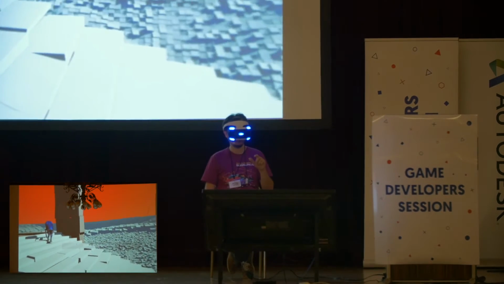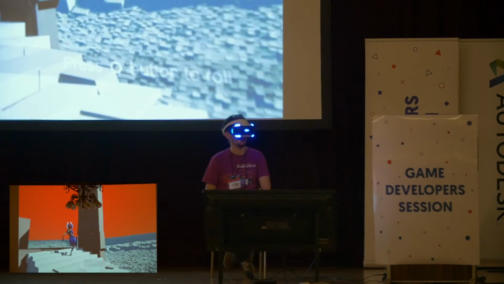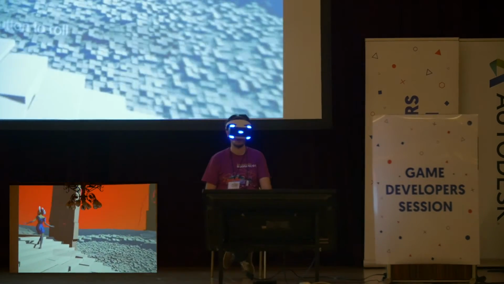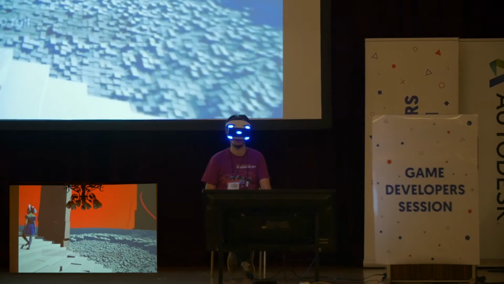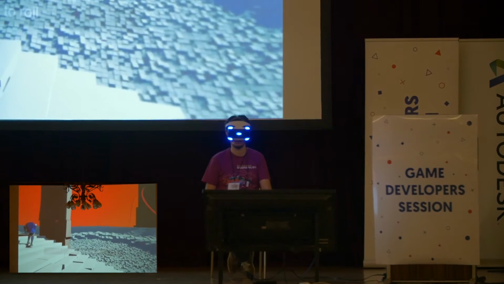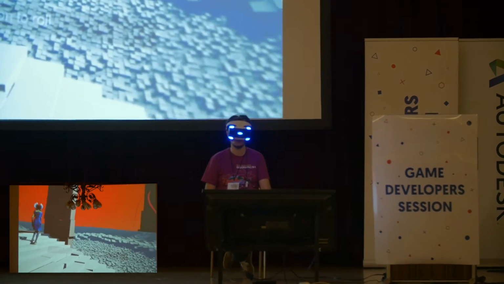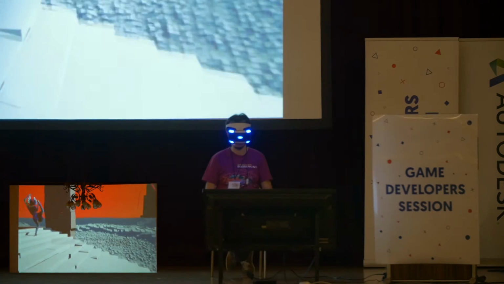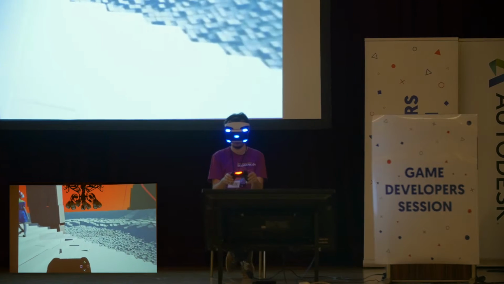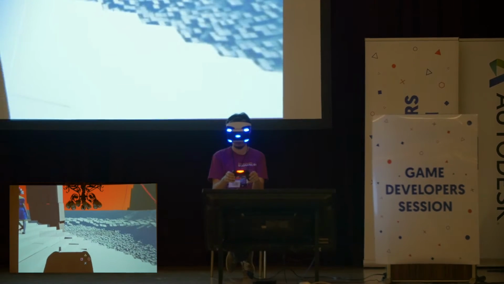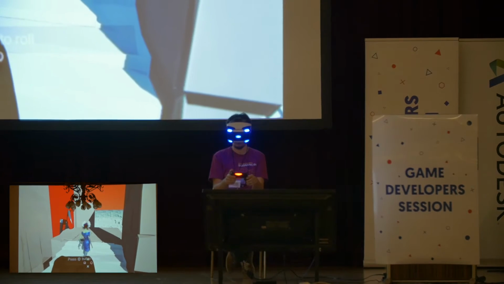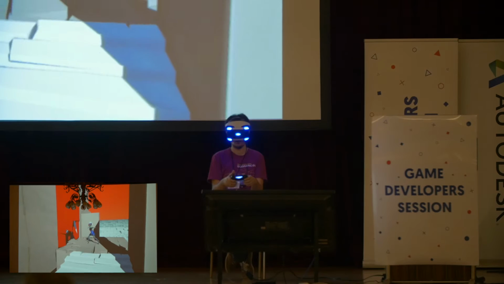Okay, so at this place we display this text, press circle button to roll. And the problem is that if there are people who don't know the PlayStation controllers, they don't know where the circle is on the pad, or even those experienced players can have problems with that. So you need to show the controller at that point, so people will just see, here's this circle, and here you go.